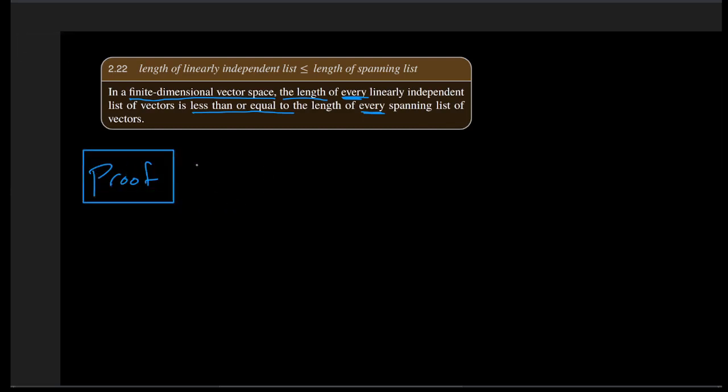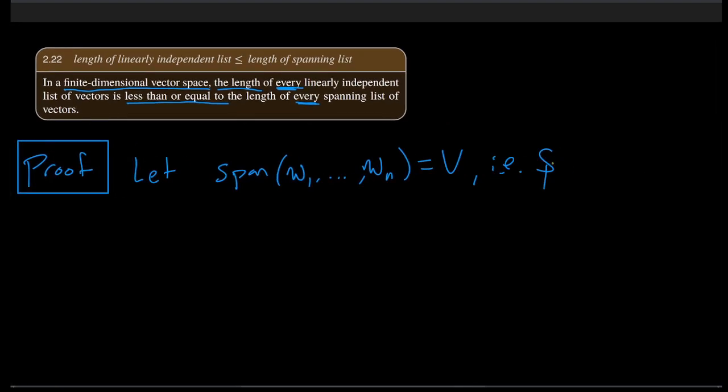All right, first off, let the span of W1 all the way up to Wn be V. That is, suppose W1 all the way up through Wn is a spanning list, a list of vectors that spans V. That is, there's n of them.